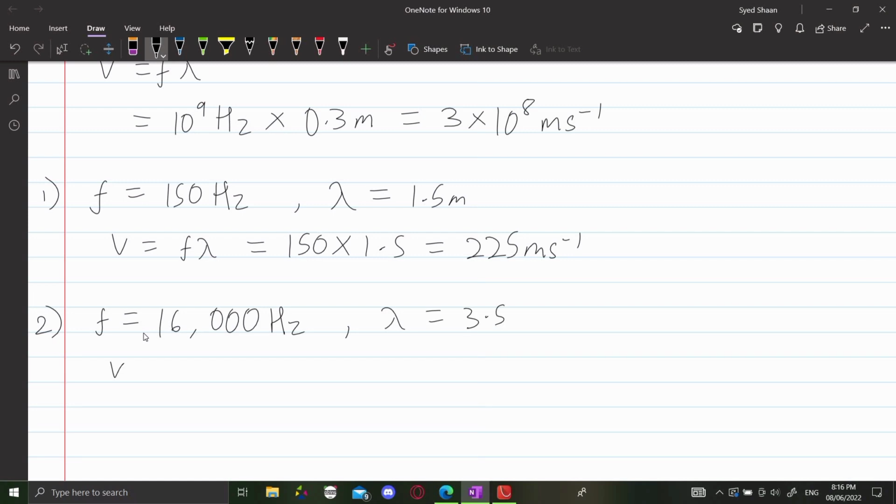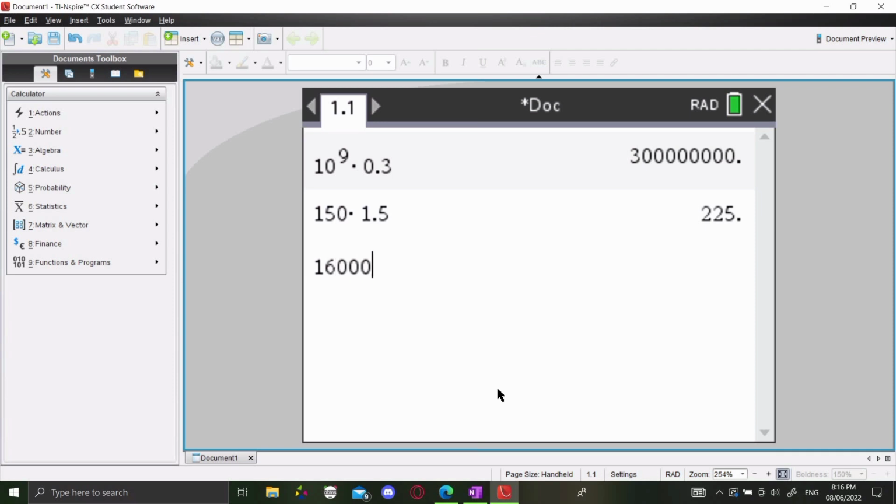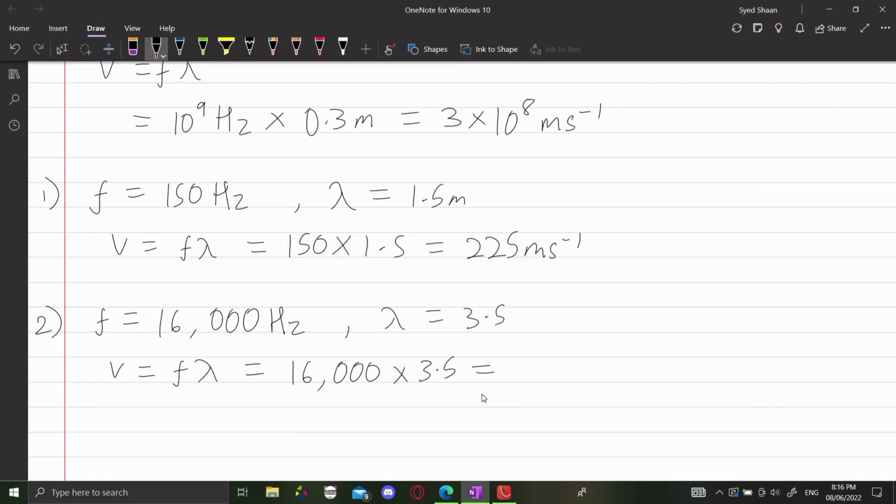So using our nice little equation, that's 16,000 multiplied by 3.5, which is 56,000 meters per second.